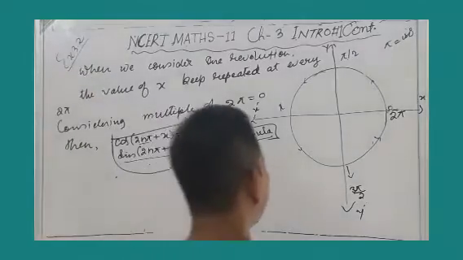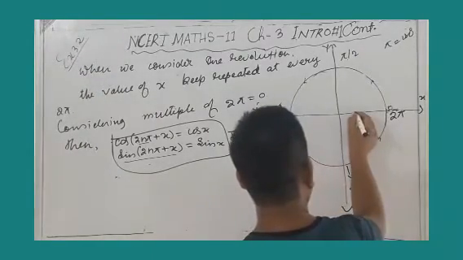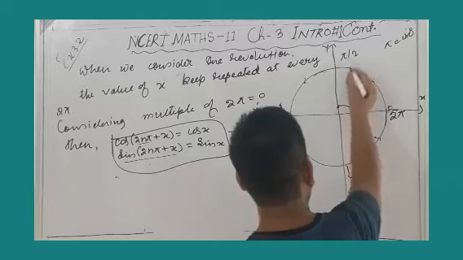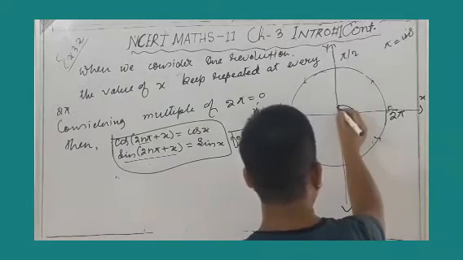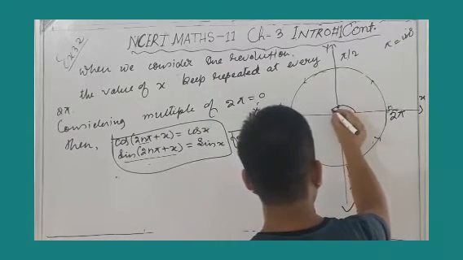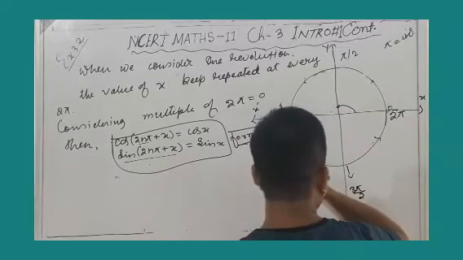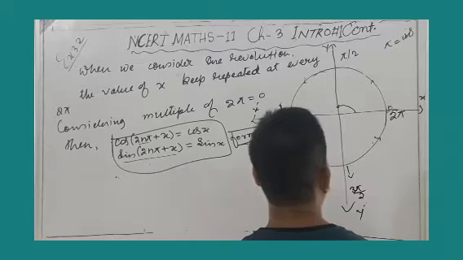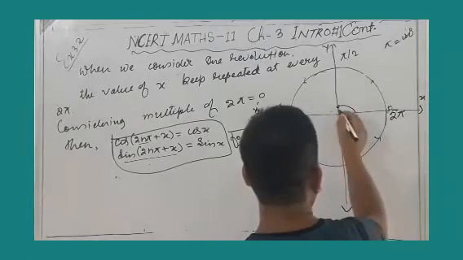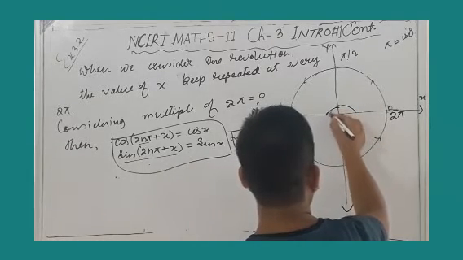Now let us start. Here pi by 2, correct? Pi.